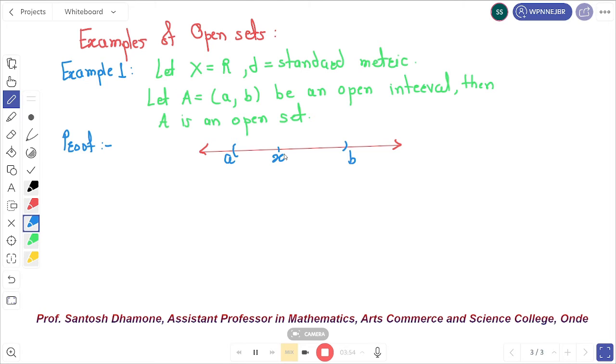This implies that x minus r is less than y less than x plus r. Y is in between this interval x minus r to x plus r.